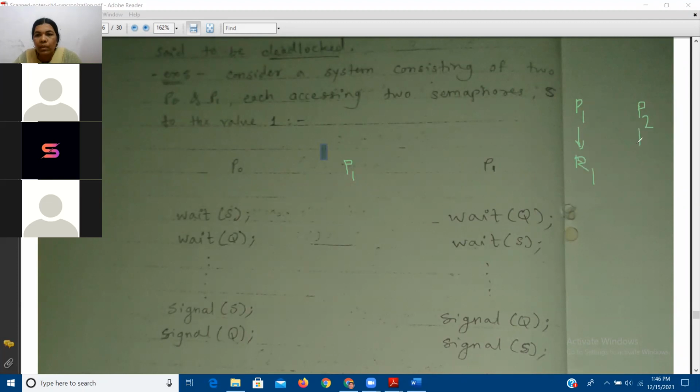And P2 is requesting R2. And maybe R2 is with P1 and R1 is with P2. So this arrow indicates that R1 is assigned to P2 and R2 is assigned to P1, and P1 is requesting for R1 and P2 is requesting for R2.